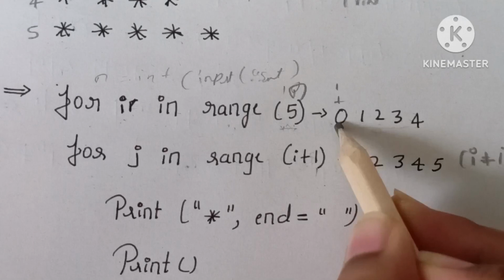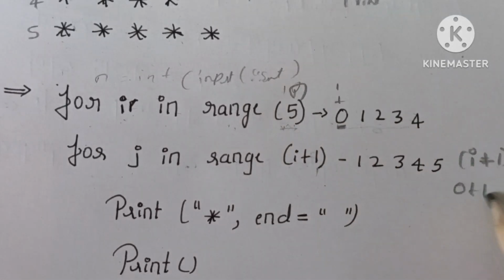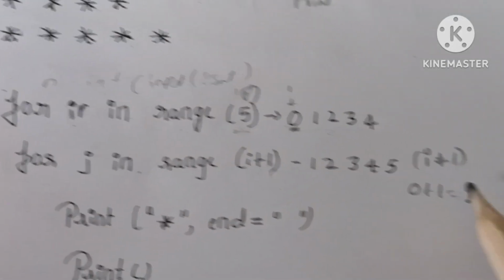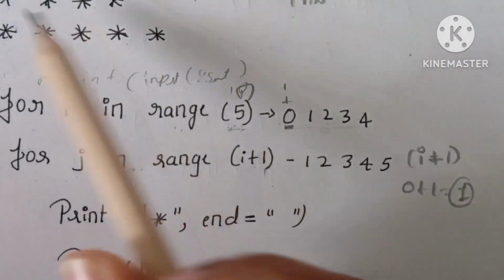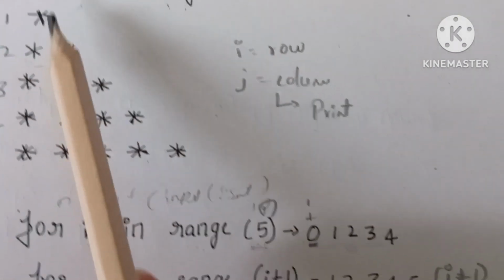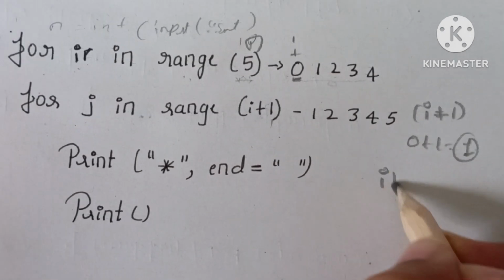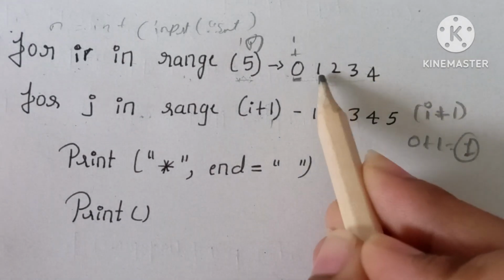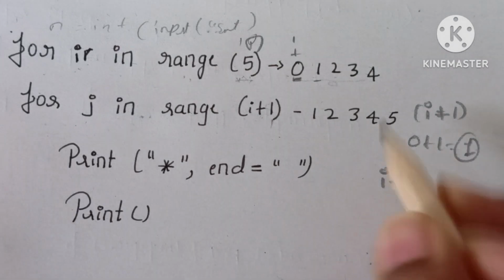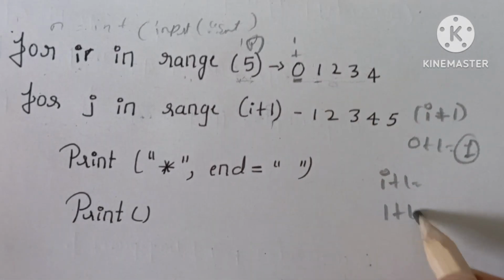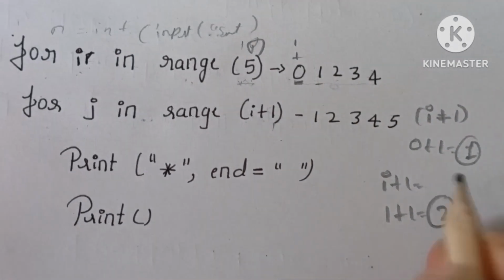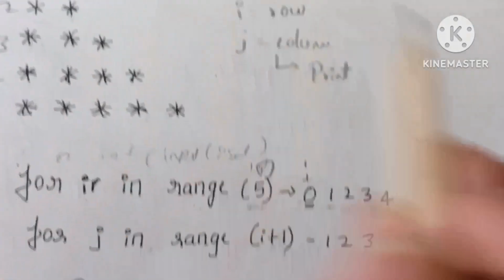Initially i equals 0, so 0 plus 1 means 1, so this will store the first star. Again I check the condition i plus 1. Now i is 1, so 1 plus 1 equals 2, so this 2 will store 2 stars.